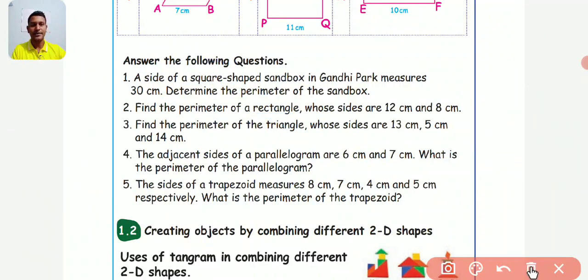That's all, students. Next, third one, find the perimeter of the triangle whose sides are 13 centimeter, 5 centimeter and 14 centimeter. Okay, you just draw one triangle.